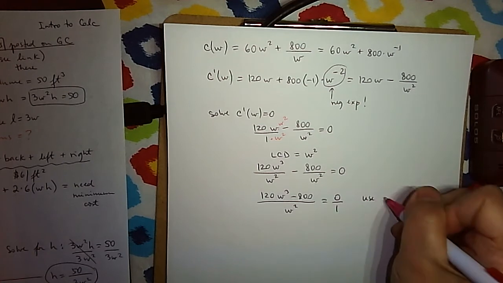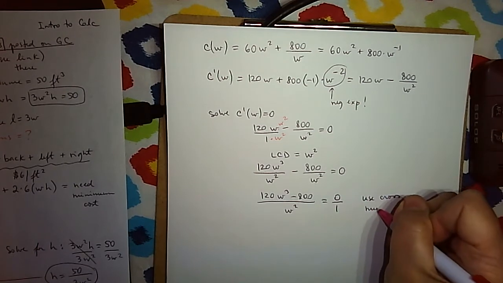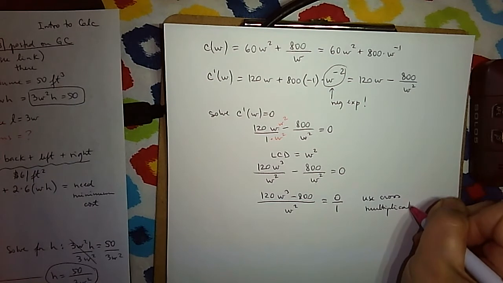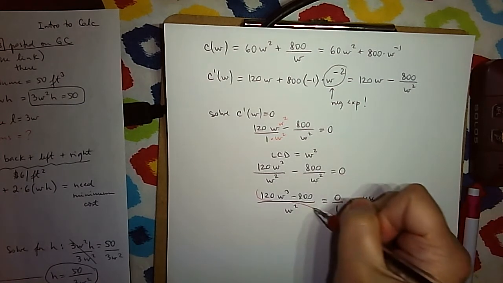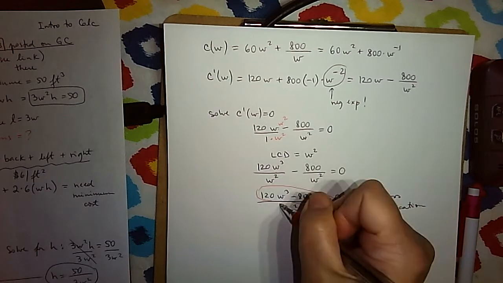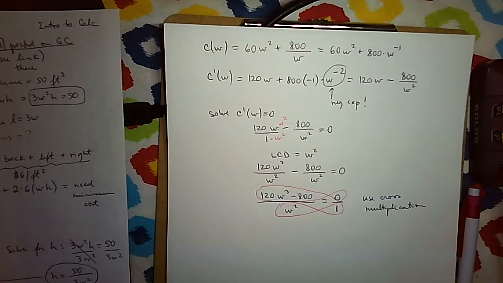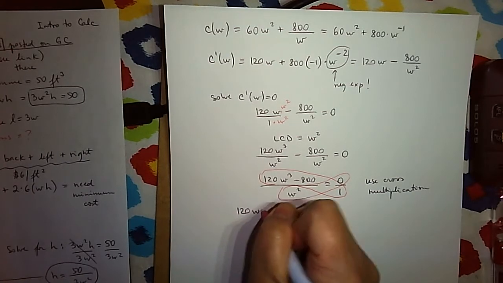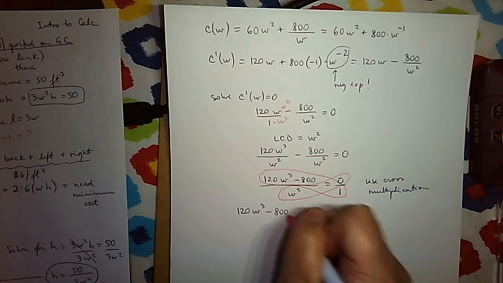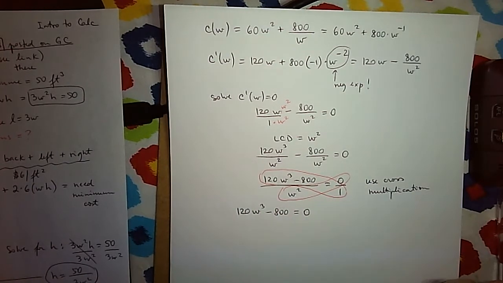I'm going to use cross multiplication to solve this. So I will do cross multiply and then I'm trying to solve for W. This will say 120 W to the third subtract 800 equals 0.